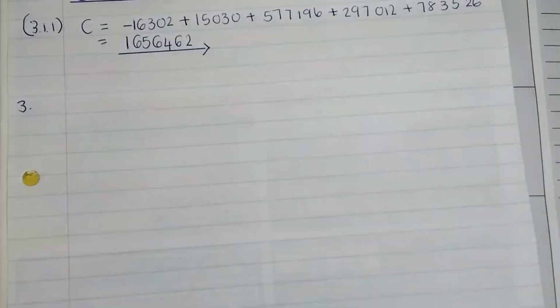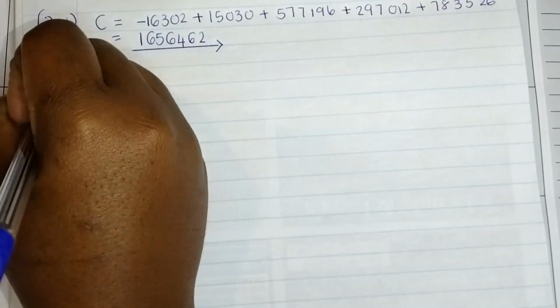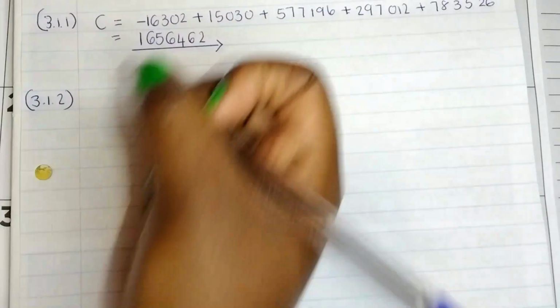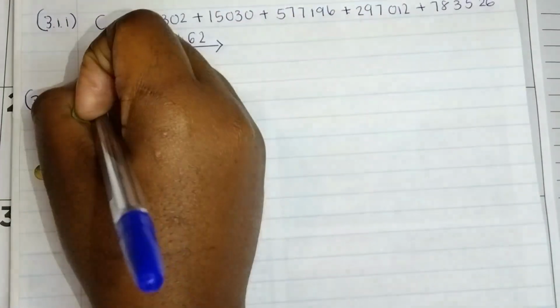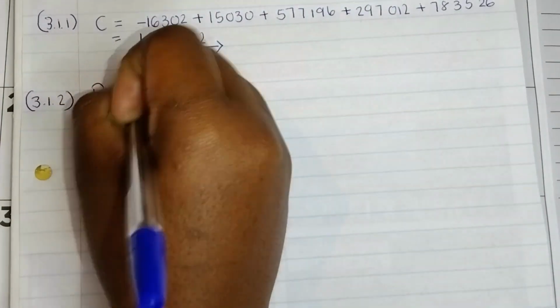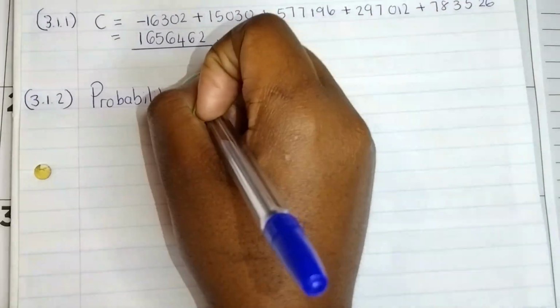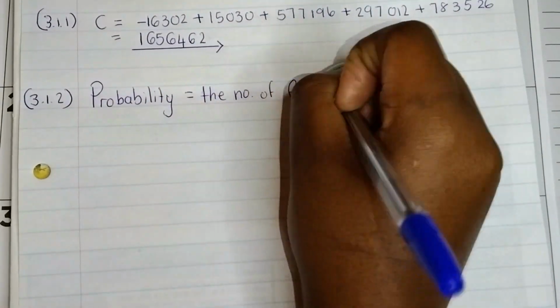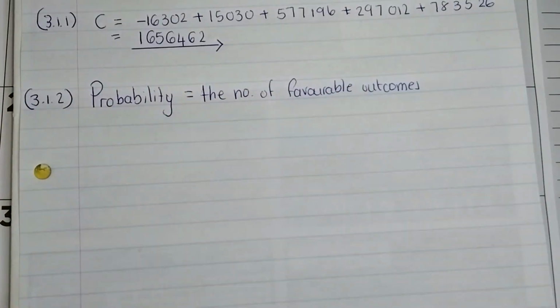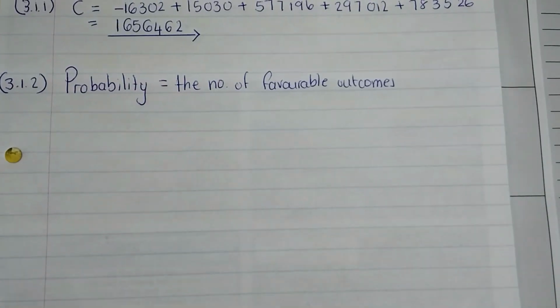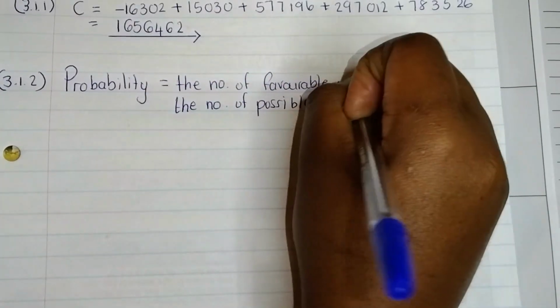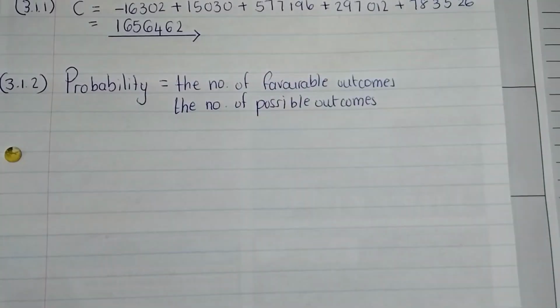And then what is the formula for probability? Okay, so we're going to start. This is question 3.1.2, right? So the formula for probability is equal to the number of favorable outcomes divided by the number of total outcomes, right?